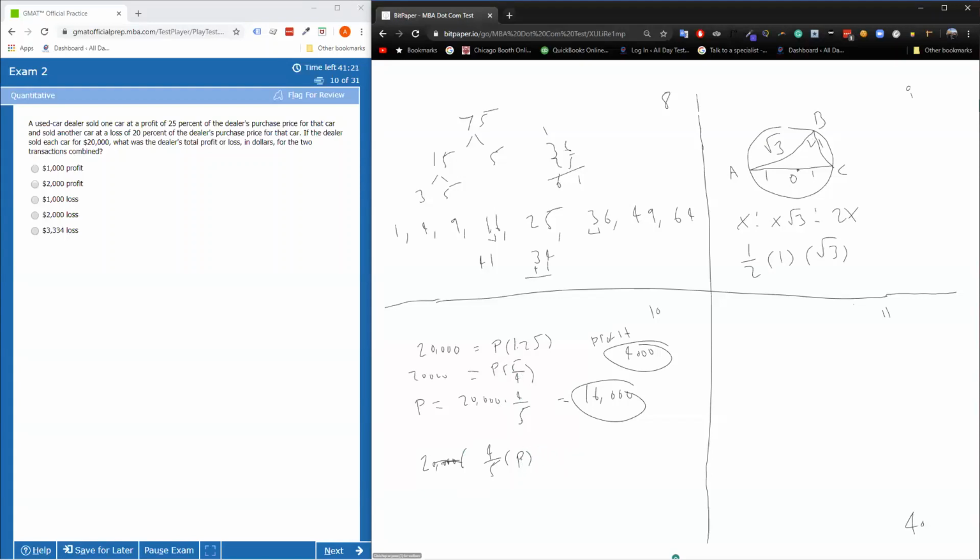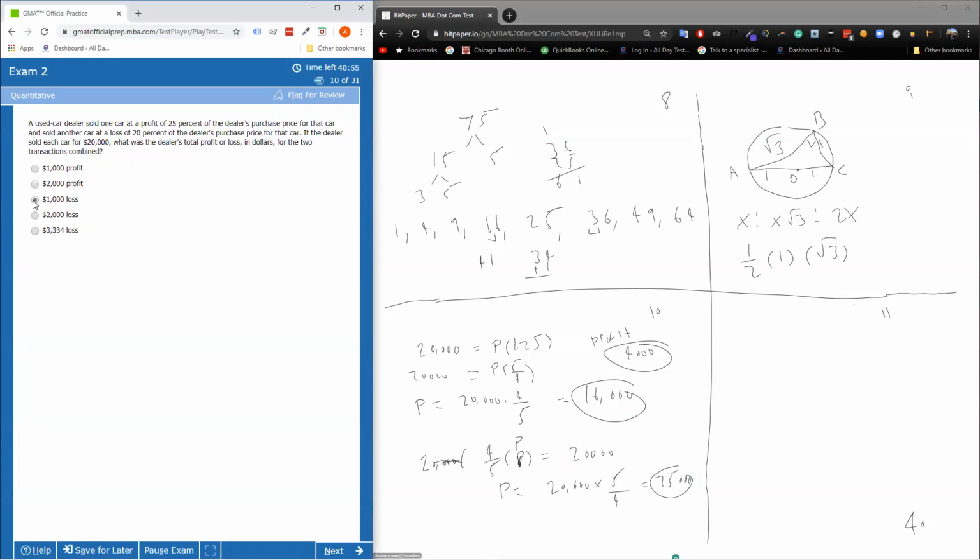I'm sorry, 4/5 times. Yeah, 80% of what he purchased it for is equal to what he sold it for. So he purchased it for 20,000 times 5/4. So this is $25,000. So this is a $5,000 loss. So $4,000 profit, $5,000 loss, $1,000 loss total.